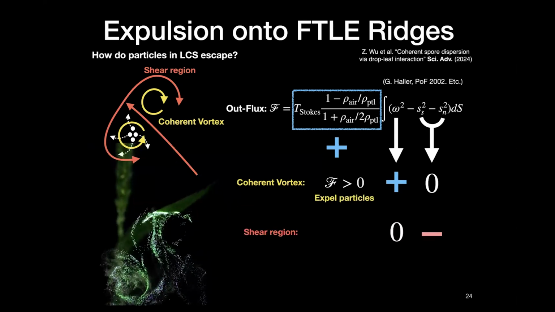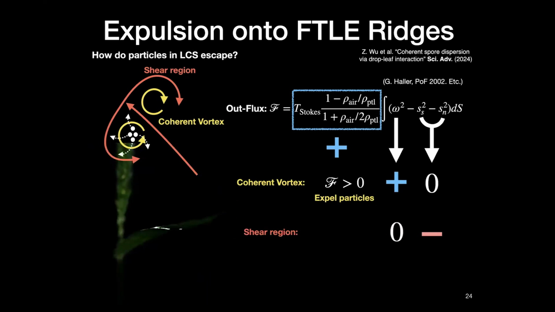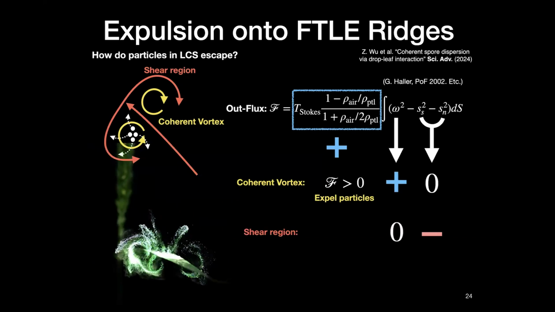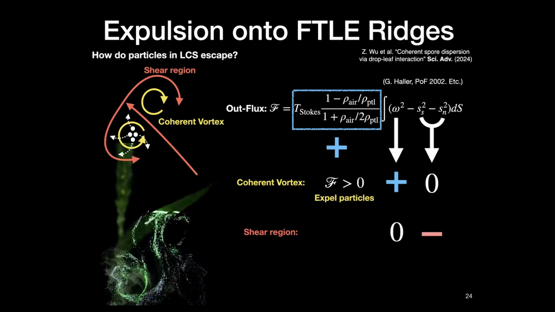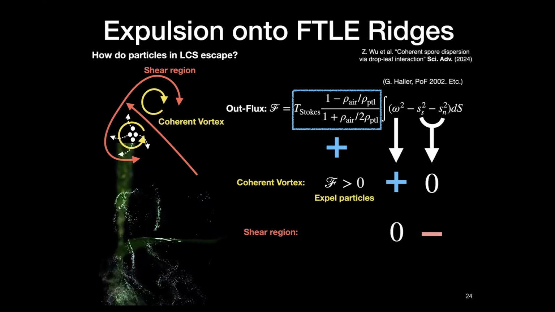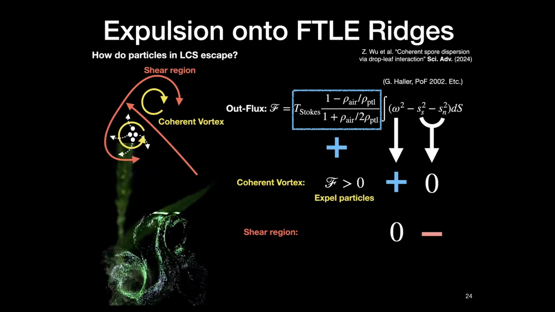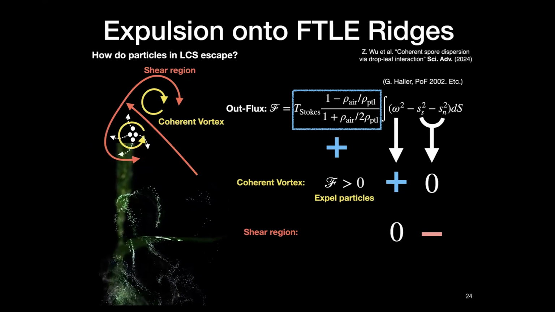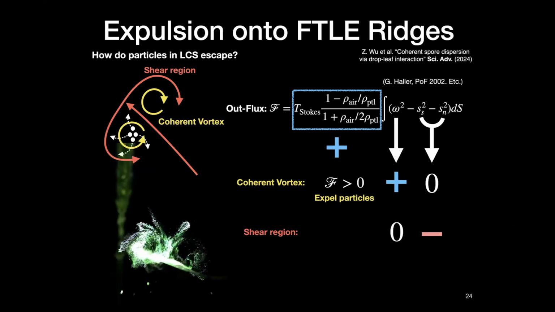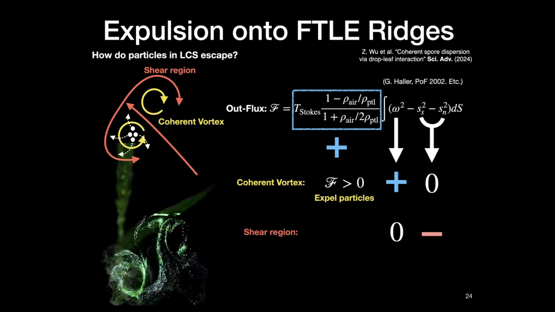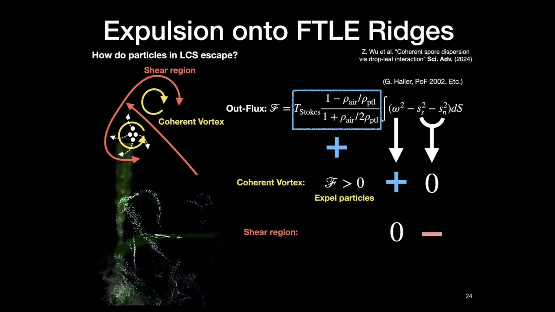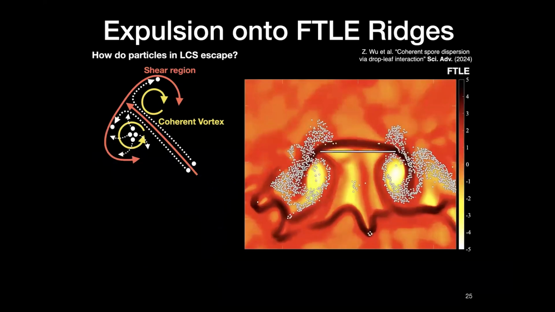The other regime is when there are no vortices and there's shear, all along this unstable manifold. Here we have a minus sign and a plus sign, so you get a minus sign, which means there's an incoming flux. So the particles will accumulate along this unstable manifold. That's what is shown here.